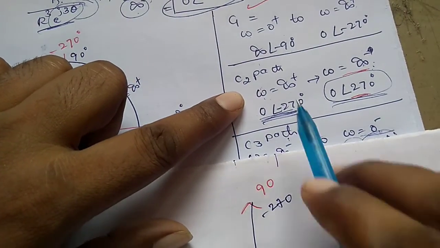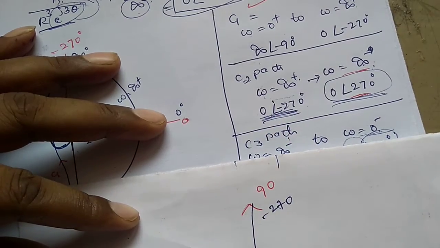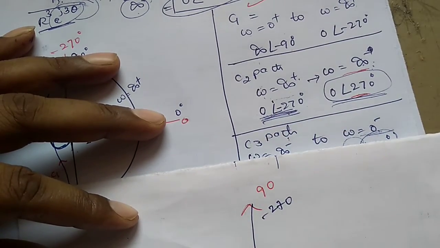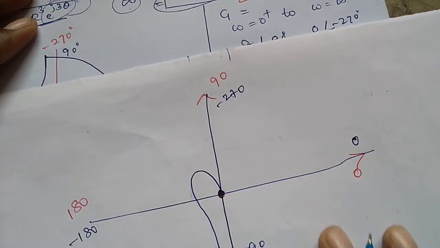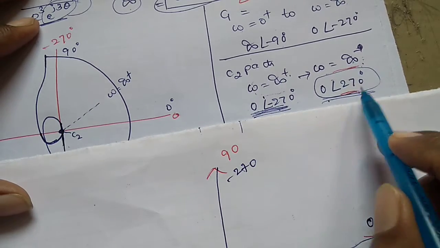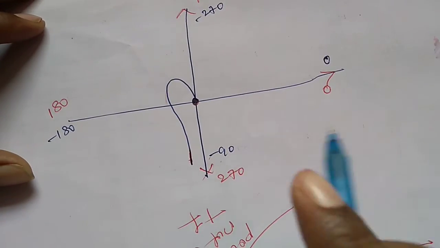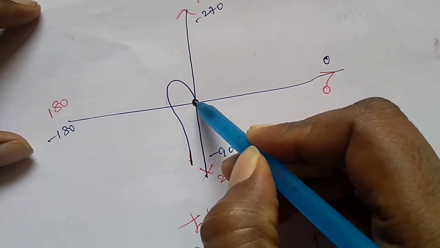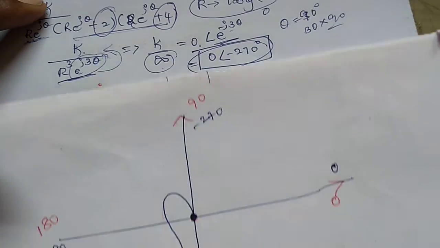Then the C2 path, omega equal to infinity plus, magnitude is 0, minus 270, somewhere here only. Then for omega equal to minus infinity, 0 at an angle plus 270. So 0 at an angle plus 270 means it originates at plus 270.